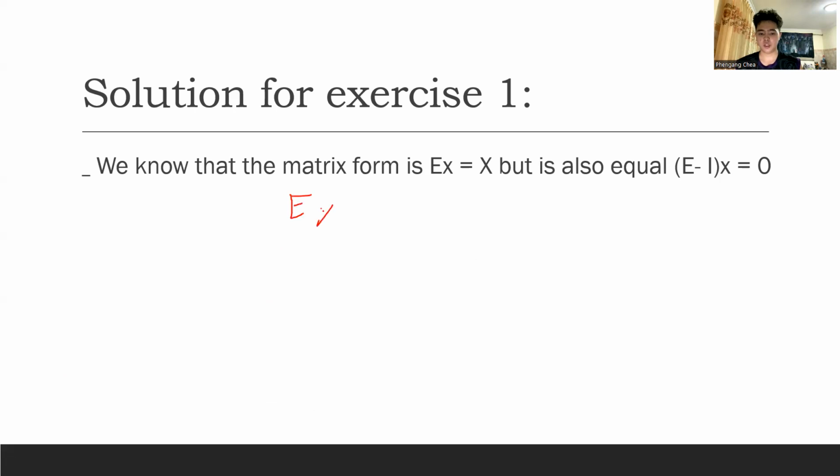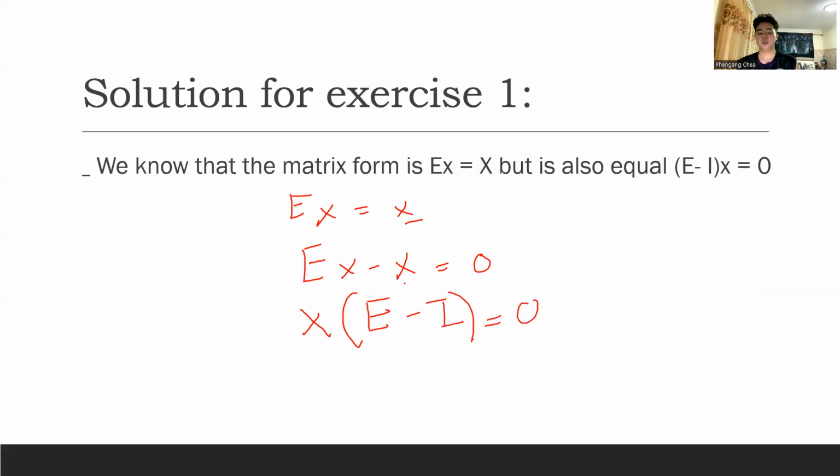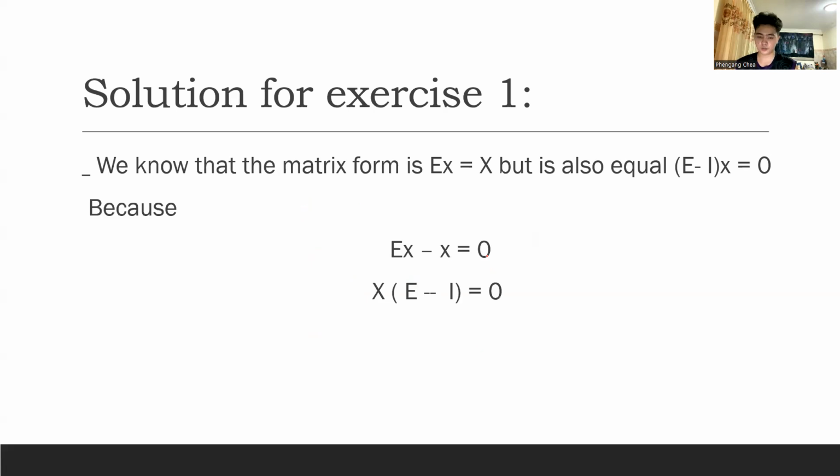First of all, we have EX equal to X. Now we take this X to the left-hand side. We have EX, we change the sign from plus to minus, and it equals 0. And then we want to have (E minus I)X equals 0. Yes, this is how it works.